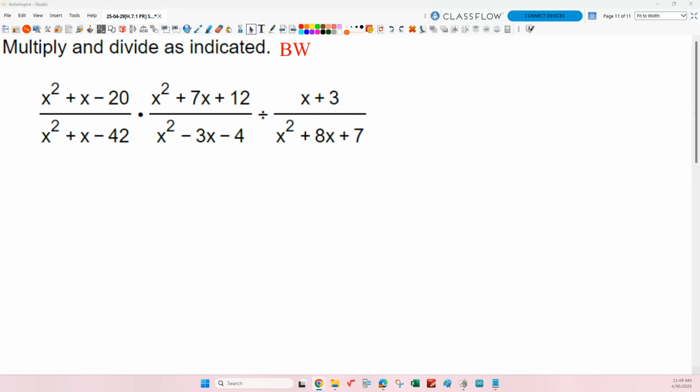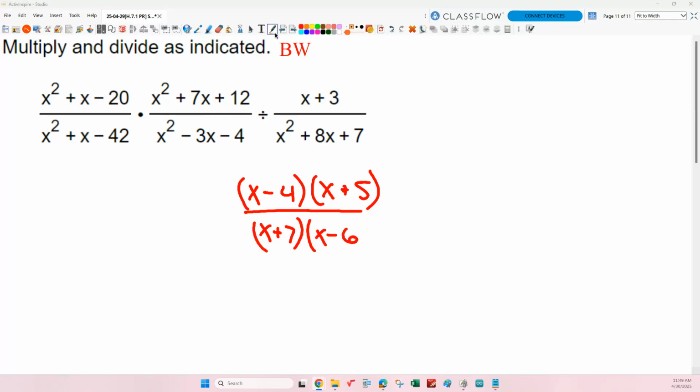So what was your first step? You factored them out. What did you get for the factors of your first fraction? Okay. And what about the denominator of that one? Okay. I like it.